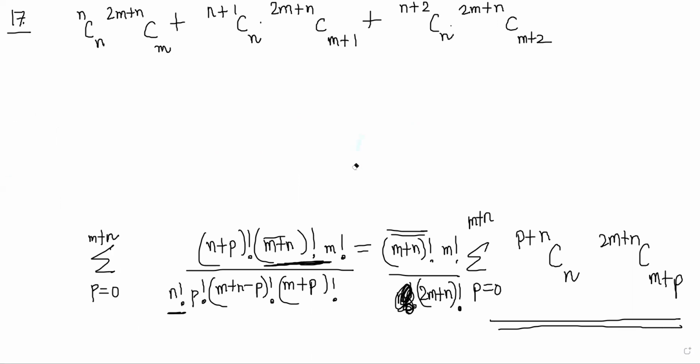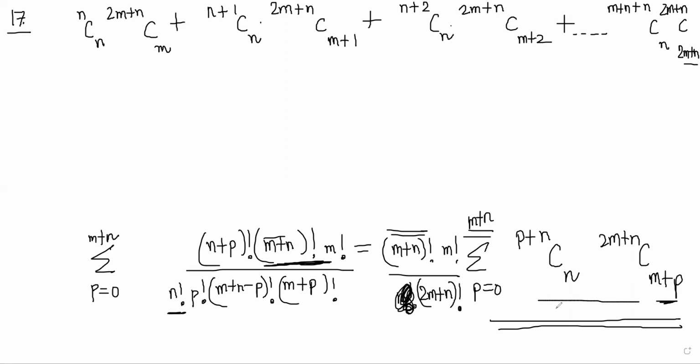And the last term we should also write. The last term will be when P goes to m plus n, so it will be m plus n plus n C n, and 2m plus n C m plus n. Or basically 2m plus n will come here. Are you understanding what I'm doing right now? Yes.